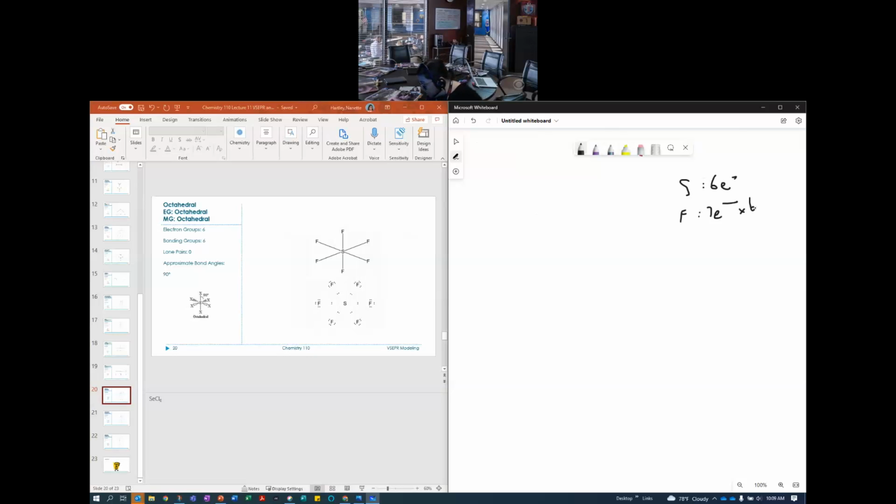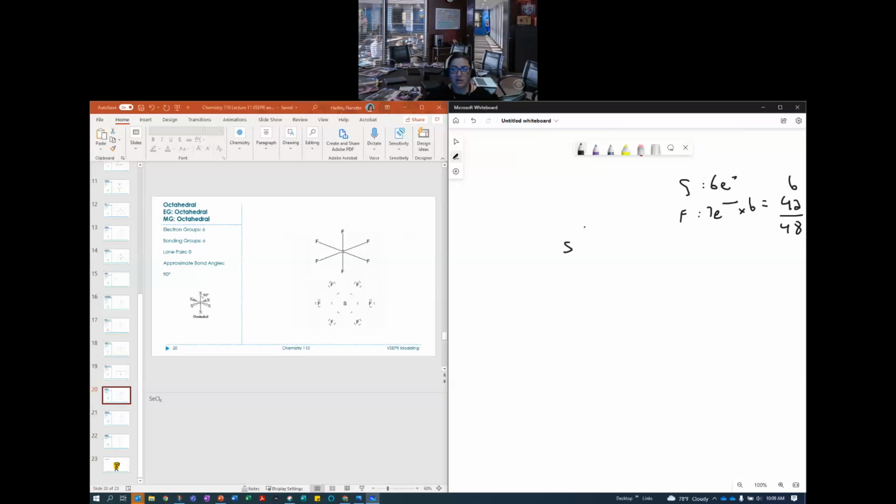Oh, 6 times 7 is 42. I can do math. Really, I can. This is why I have a calculator. We add the 6 to that. That gives me 48 that I need to distribute.